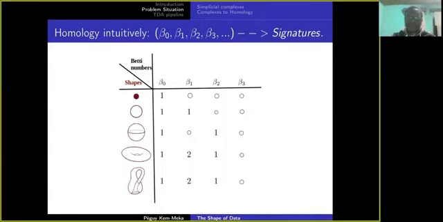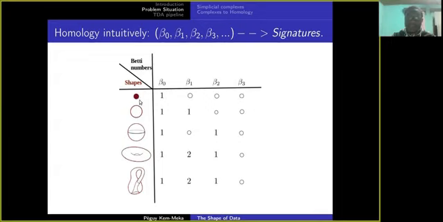Topological data analysis uses the notion of homology to deduce the shape of the given data. Homology is just an algebraic object that assigns to data a certain number called signature or Betti number, and that gives me information about the shape.